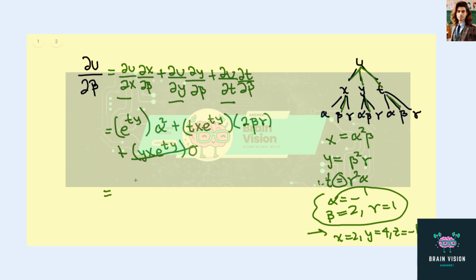E to the ty, so that's e to the minus 4. Alpha squared is just 1. And then we have tx, giving us a negative 2. And then e to the minus 4, and then 2 beta gamma.